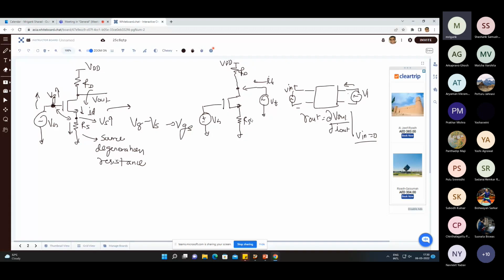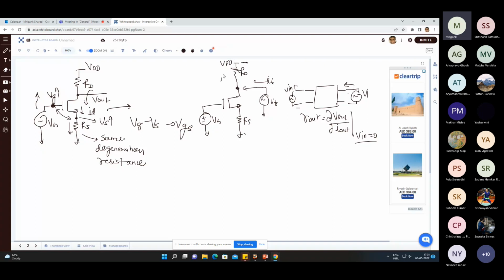Now, if I conceptually ask what will be the net output impedance at this node, you have to visualize it without even drawing. At this node, I have two parts. I have AC ground at the actual ground, and also another AC ground at the VDD. Between the output node and the first AC ground, I have RD, and between the output node and ground, I have this circuit.